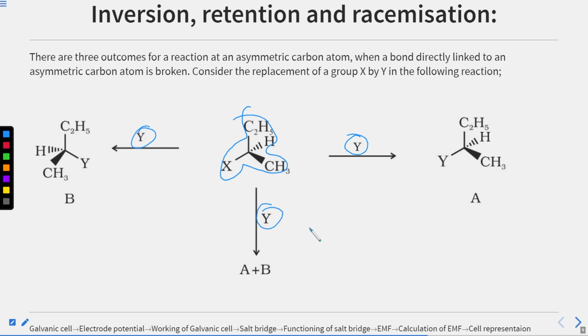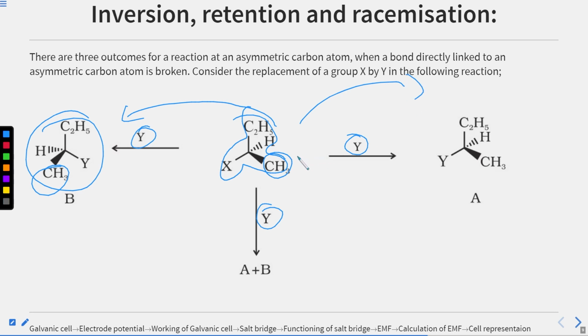First is inversion. If you see this compound, you can see that it has been inverted. Initially CH3 was here, now it is here. So it has been inverted. This is called inversion.